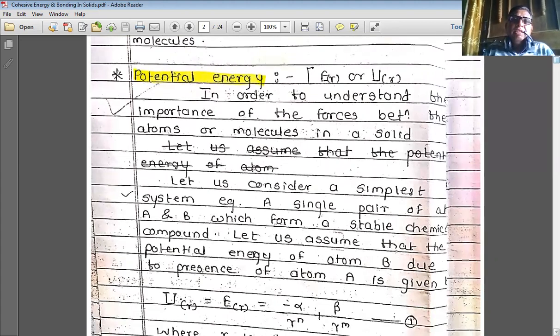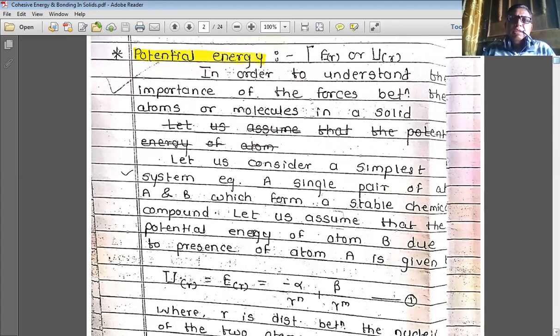Now, potential energy. In order to understand the importance of the force between the atoms or molecules in a solid state, let us consider the simplest system, that is a single pair of atoms in a compound.